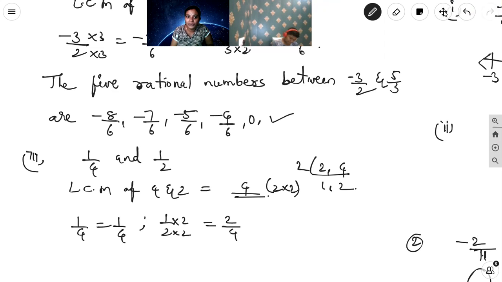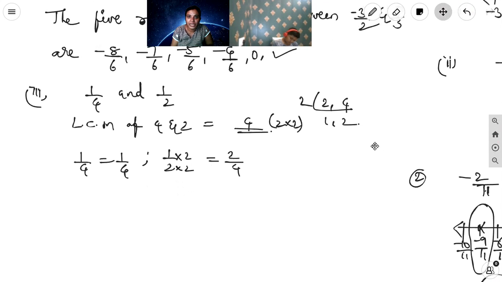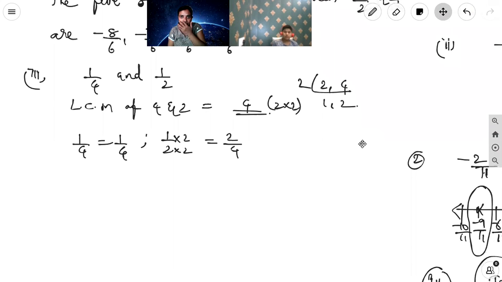So in between 1 by 4 and 2 by 4, are any numbers there? No numbers. So you want 5 numbers, so you multiply with 5. If you multiply with 5, then you are getting 5, 10. Means again you are getting only 4 numbers: 6, 7, 8, 9 only.